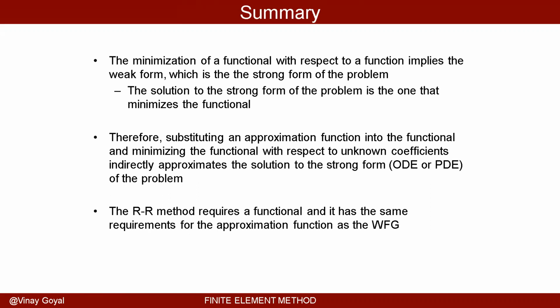The Ritz method requires, however, the formulation of a functional. And it has the same requirements for the approximation function in that it needs to be linearly independent. The basis functions or the trial functions have to satisfy the homogeneous form of the essential boundary conditions, and phi naught has to satisfy the non-homogeneous form of the boundary condition.